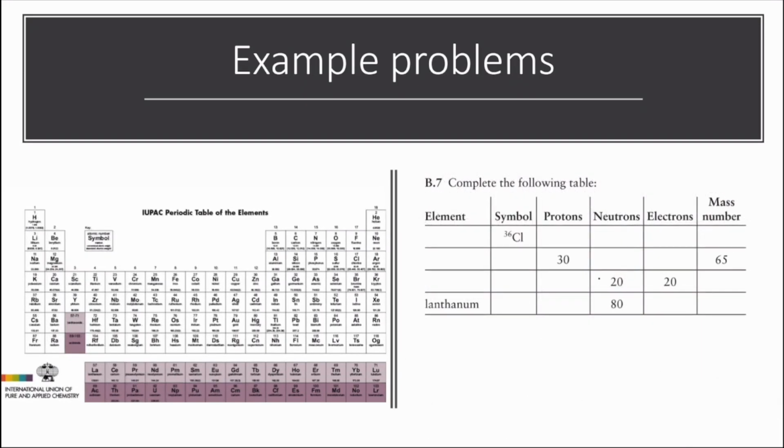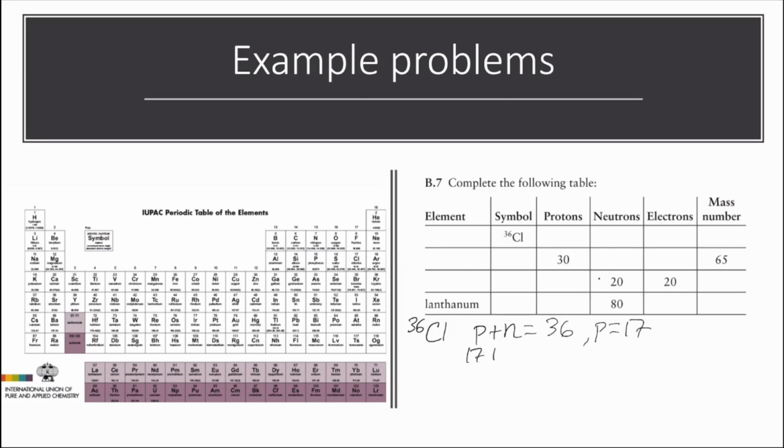Let's do one last problem regarding isotopes. Here it says to complete the following table. So the first one is chlorine 36. I will do my scratch work here. So for chlorine 36, the 36 is the atomic weight, which is protons plus neutrons. Then we can look directly at the periodic table and we find that chlorine has an atomic number of 17. So that's the number of protons.